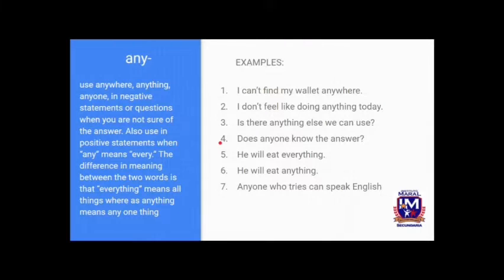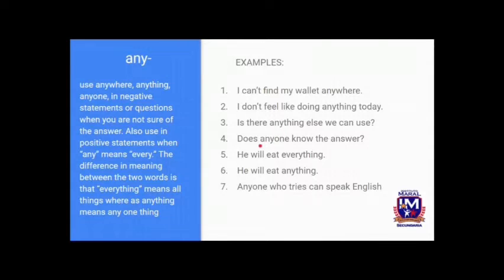You have to remember that we use any in questions when we do not know the answer or we are not sure about the answer. So here we have, is there anything else we can use? Number 4, does anyone know the answer? Here I'm using these indefinite pronouns because I'm not certain if the people I'm asking these questions to know the answer.